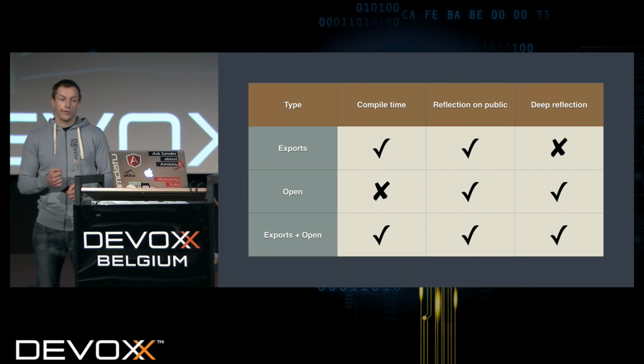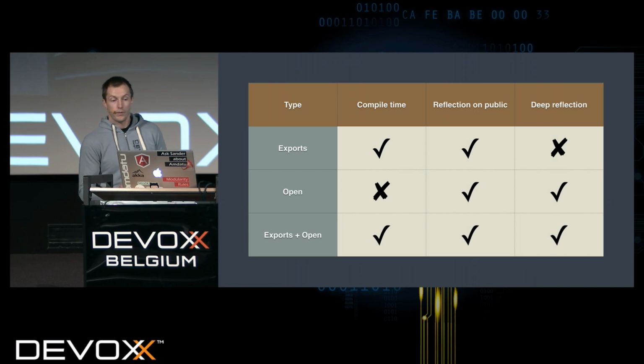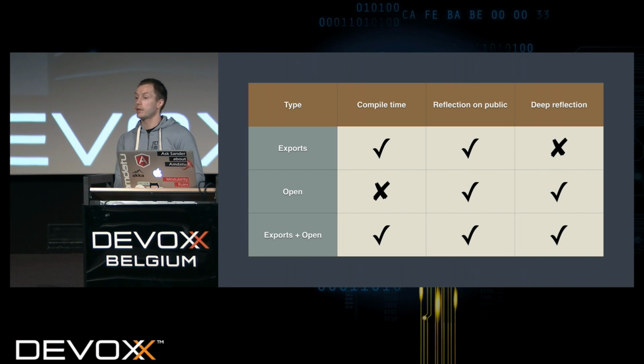Then we have seen in the previous part of the presentation that we can export a package. And when we export a package, we get compile time access, and we also get reflection access on the public parts of types. So if you have a public class with public fields, that's fine. But you can't do deep reflection, so you can't use set accessible true.